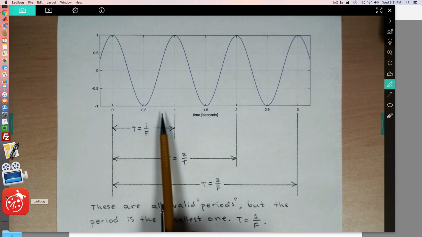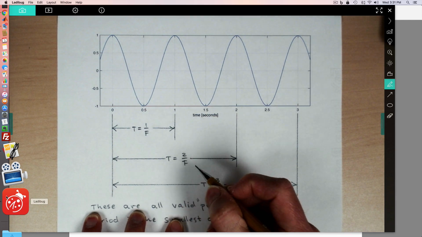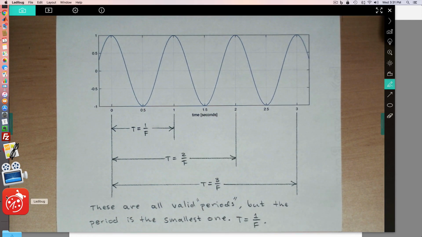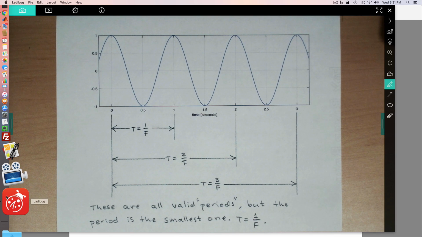Notice that the period here you could define to be 1, but you could also take the period to be 2, because if you shift by 2, you also get the same function back. But because we've decided that the period will be the smallest number that replicates the same signal through a shift, we'll stick with 1 over f as the period for continuous time signals.